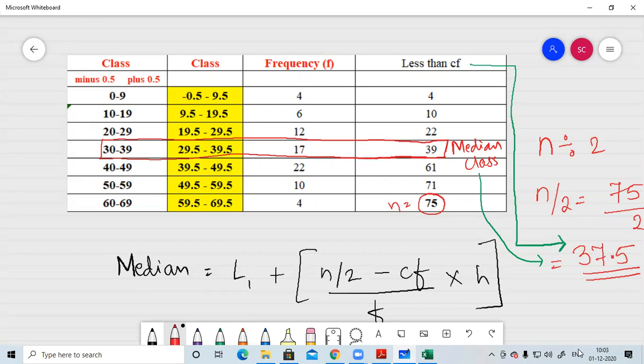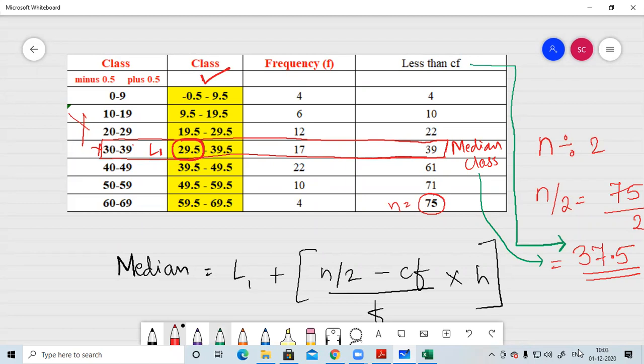Now when you're taking median, you don't take the discontinuous classification into consideration. You have to take the continuous classification, and your lower limit is not 30, your lower limit will be 29.5. This is your L1. N by 2 is already there with us.